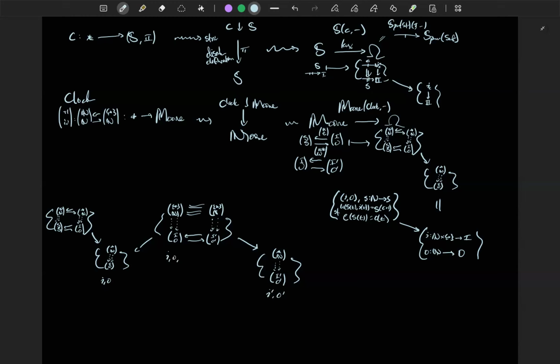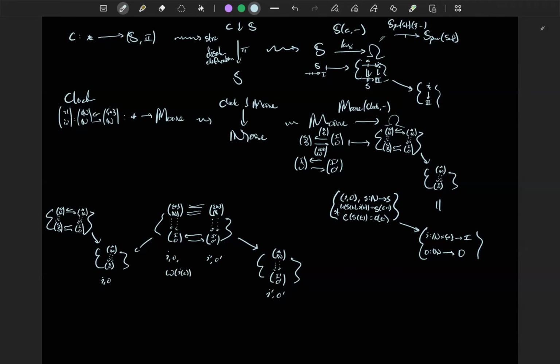Quadruples I, O, I prime, O prime, but they're satisfying some relationship. And that relationship is W of I of t. Remember, these are streams of sequences.